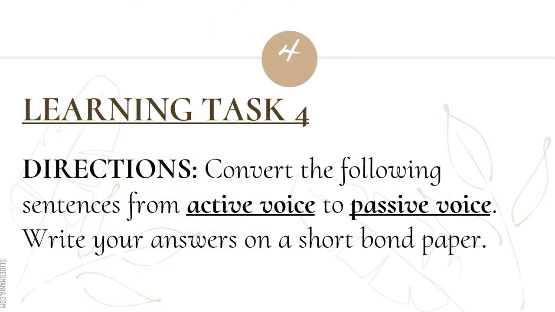For the learning task number 4, you need to convert the following sentence from active voice to passive voice. Write your answers on a short, okay, we're not going to use short bond paper, we're going to use intermediate pad instead. Okay? So convert the sentence to passive voice. Answers only on your intermediate pad.